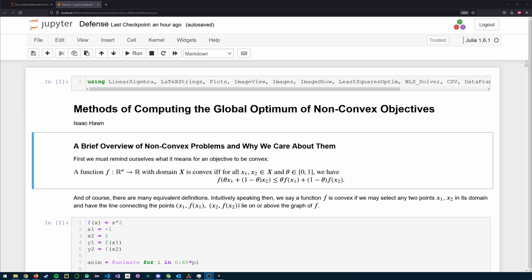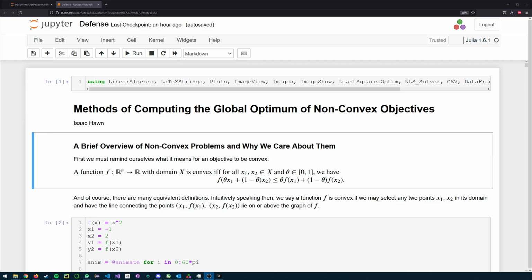And to simplify things, I'm going to just be speaking in terms of unconstrained non-convex optimization. So we won't have any constraints on our objective other than some box constraints. So we'll bound our variables between some static constants. But besides that, we have no constraints.